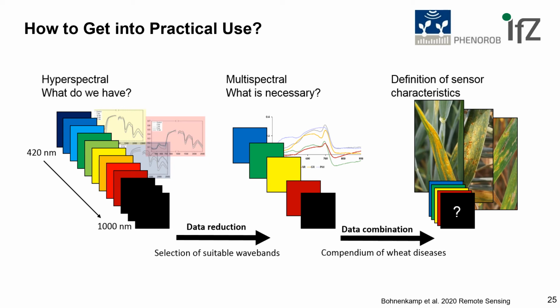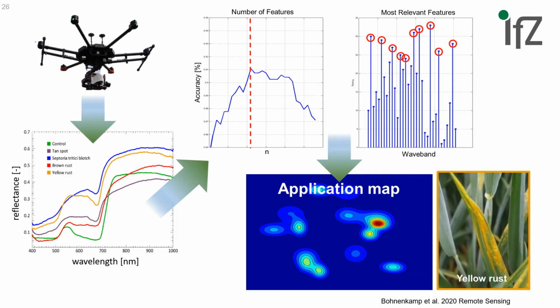And this can be the initial information for the definition of sensors which are characteristic for individual host pathogen systems.